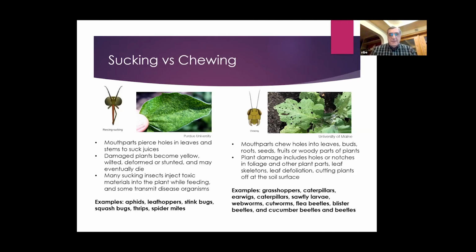bacteria into the plant. And that's where you see a lot of plant dieback, like with cucumbers and squash plants, things like that. The bug injects the plant with that bacteria. A chewing insect actually eats the leaves and eats the plant proper. So when you're looking at the damage on your plant, you're looking at things like you see in those two images.